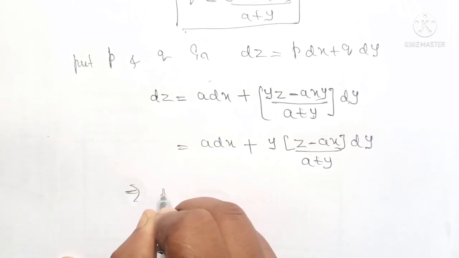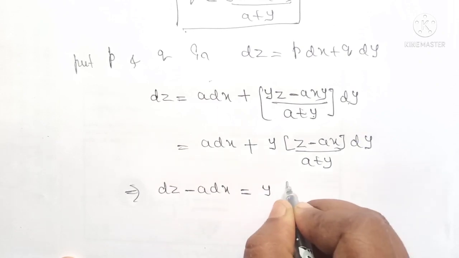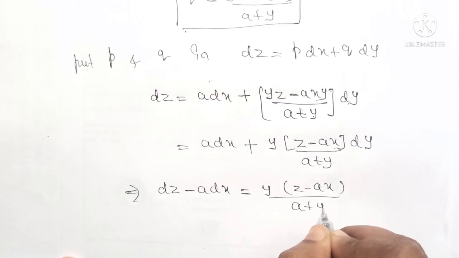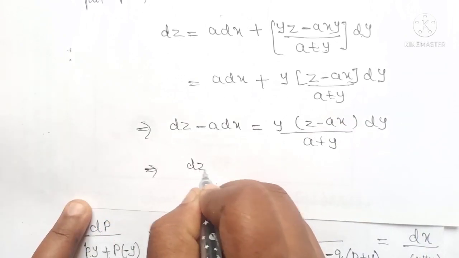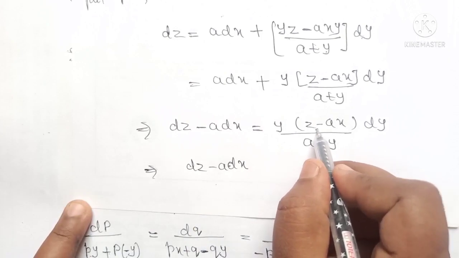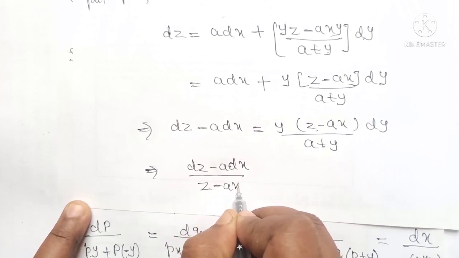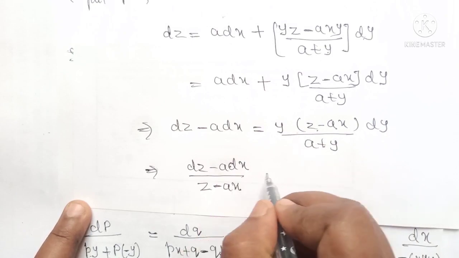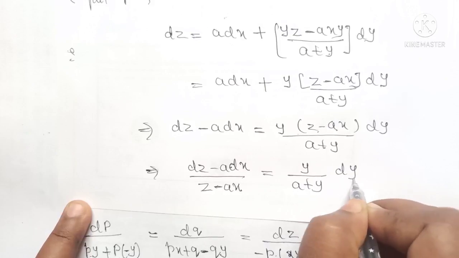So dz minus a dx equals y into z minus ax divided by a plus y into dy. We consider z minus ax to this side, so dz minus a dx divided by z minus ax equals y divided by a plus y into dy.